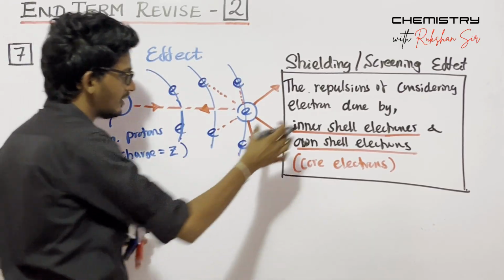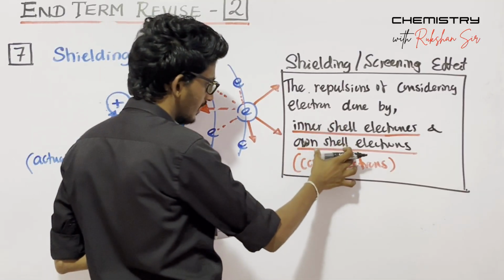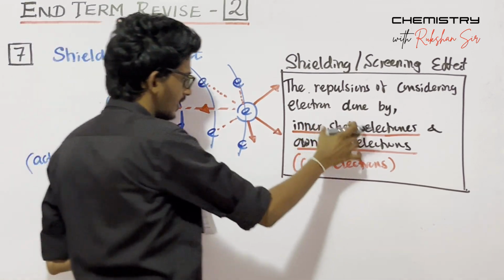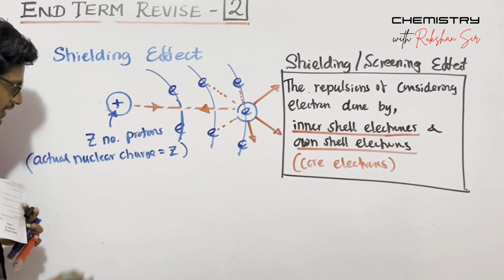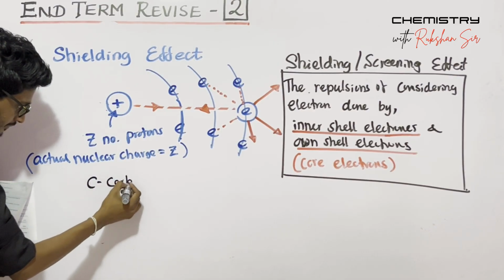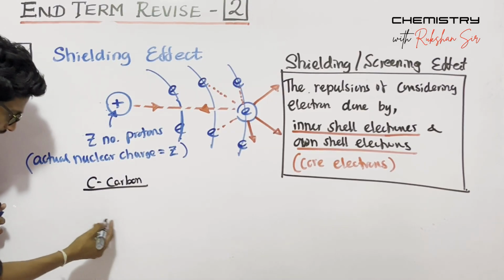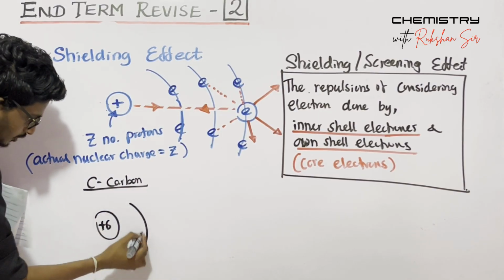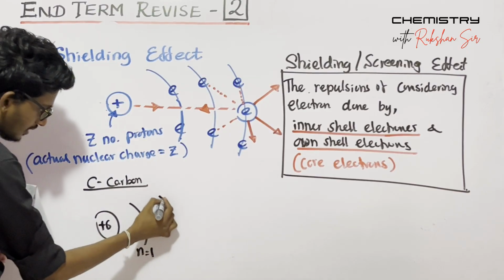So the screening is done by inner electrons as well as on-shell electrons. If you think of carbon and nitrogen, carbon is your sixth atom. You have two electrons at n equals 1.